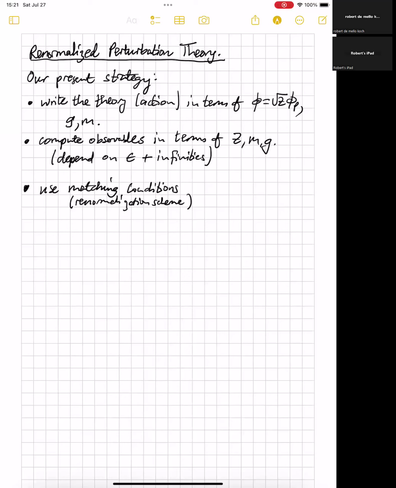And what do the matching conditions do? We use the matching conditions to determine Z, M, and G in terms of the physical mass and the physical coupling.